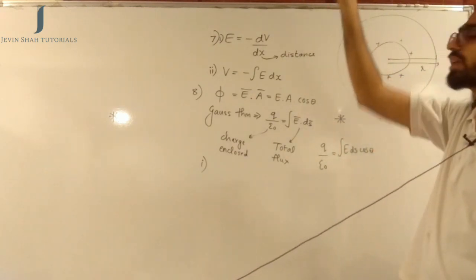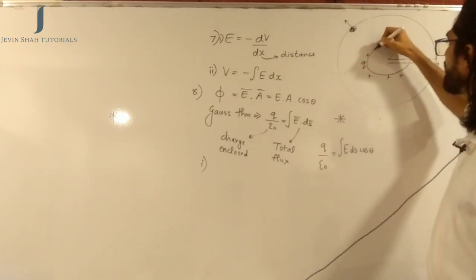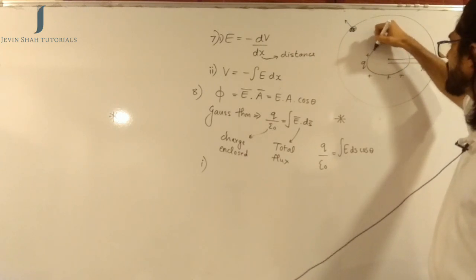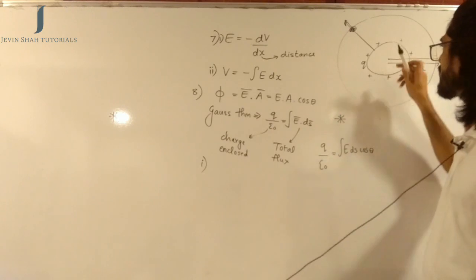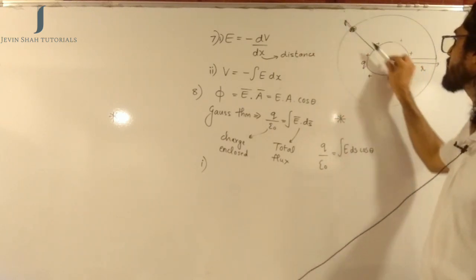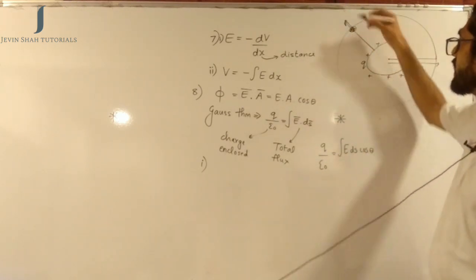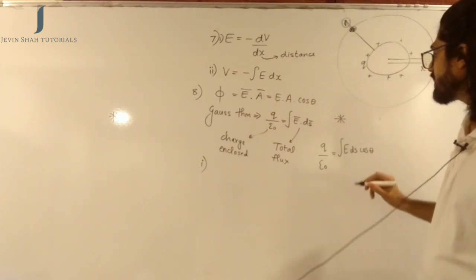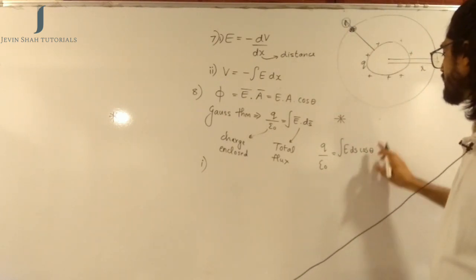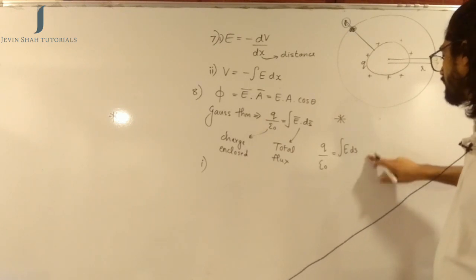So it will come out perpendicular to the surface of the sphere, and because of a plus charge, the vector E bar will also go like this. That is, the electric line of force is going to come out perpendicular to the surface of the conductor. If you realize, E bar and ds bar are parallel to each other. The angle between them will be 0 degrees, and cos 0 will therefore be 1.